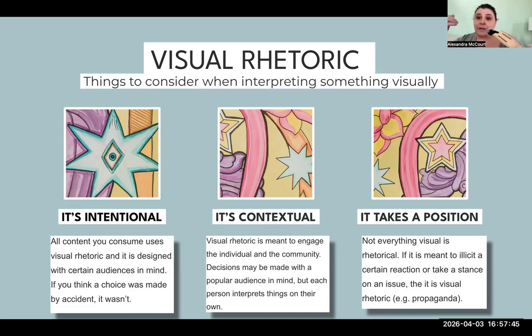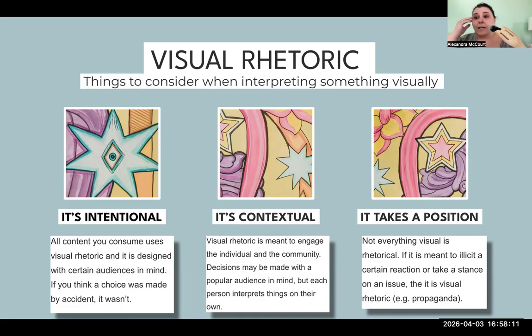The other thing to remember is that visual rhetoric is also contextual. Just like if you were evaluating somebody's paper, it requires context for us to really understand. So it might be meant to engage a specific community or even a specific individual, but that context is important for us to understand the rhetorical situation of something visually.